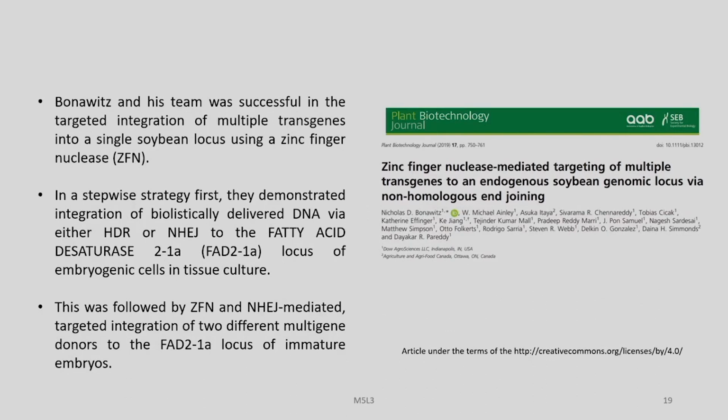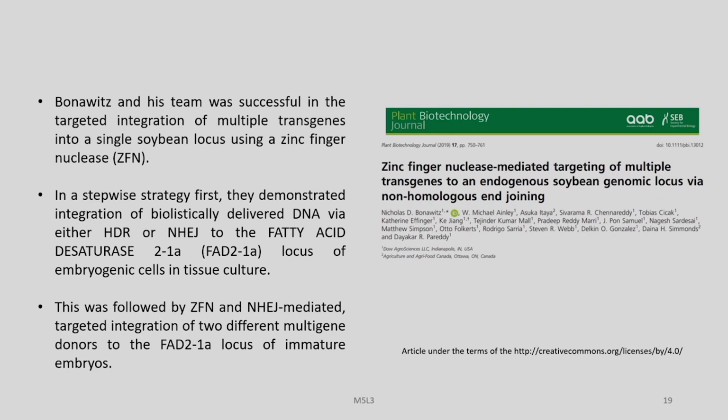So, in this particular work, Bonawich and his team, a very big team, used zinc finger nuclease for targeting multiple transgenes to an endogenous soybean genomic locus via non-homologous end joining.